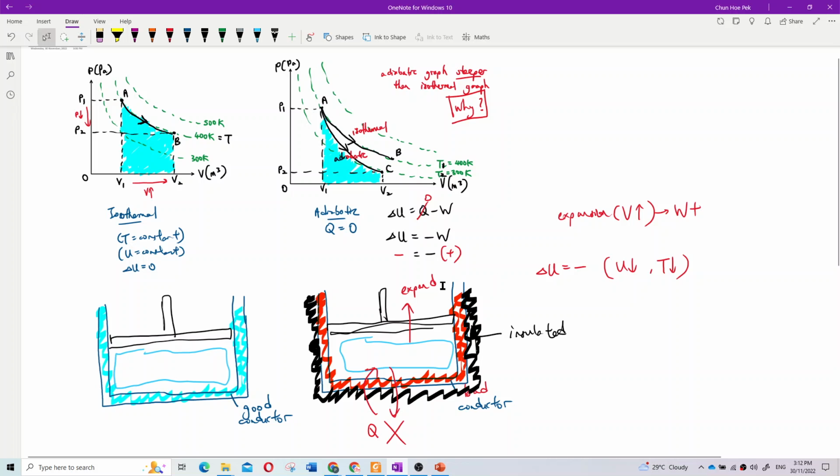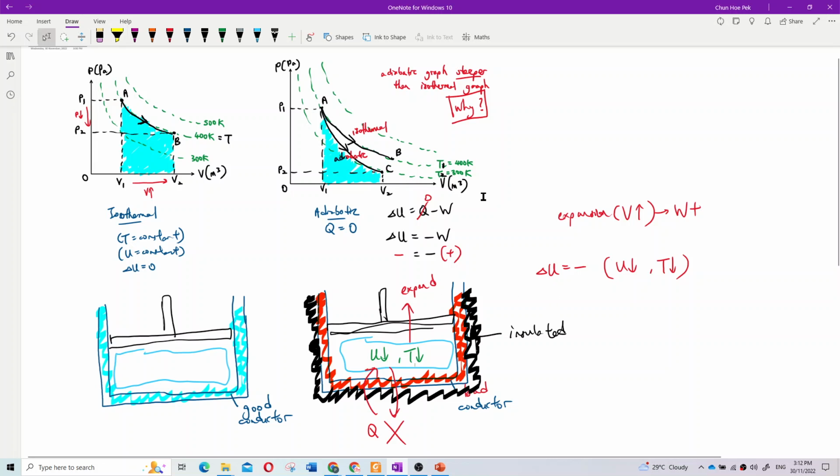So when expanding, volume increases and work done is positive, so negative multiplied by positive gives negative delta U. That means the internal energy of the gas decreases and the temperature decreases. The gas becomes cold, from hot to colder.